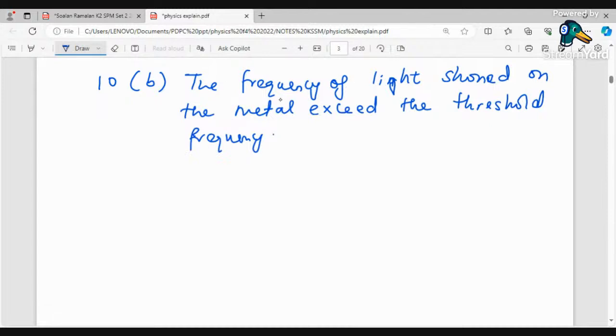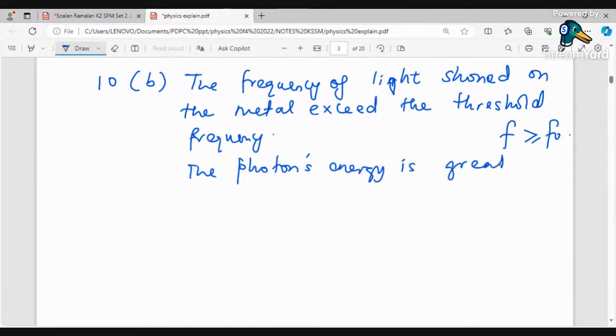Okay, firstly, frequency of light or photon mesti, okay, frequency of light tu dia at least equals to threshold frequency, mesti lebih besar untuk electron emitted. So what happens? The photon's energy is greater than the work function.